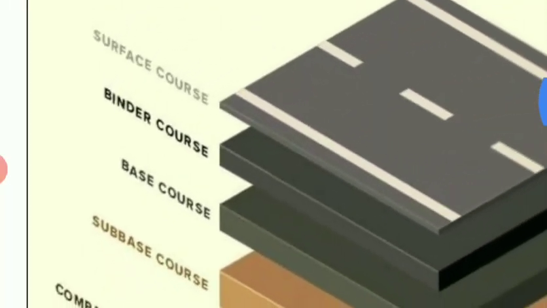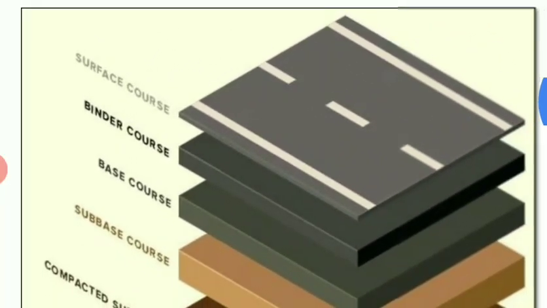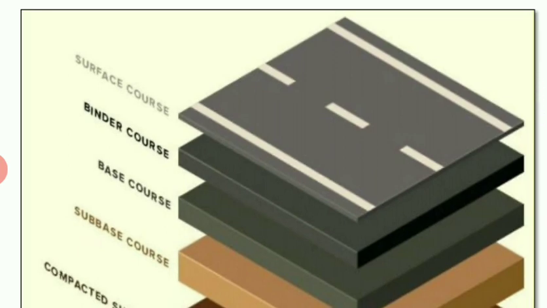These two courses are made up of asphalt, right? So as we have seen, asphalt is a mixture of aggregates, binder as well as filler, usually used in constructing and maintaining roads, and it can be used in airport runways also, right?